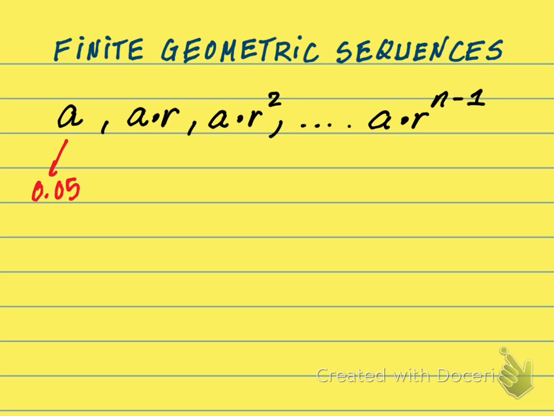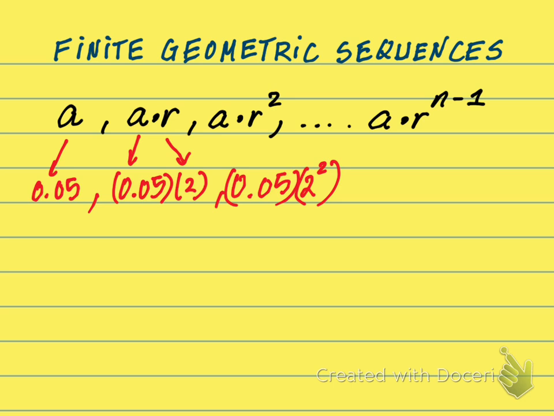For an example, if a sequence starts with 0.05 and the next term equals 0.05 times 2, which means maybe the common ratio is 2 and the initial term is 0.05. And if the third term is 0.05 times 2 squared, that's the third term of a finite geometric sequence, and the last term of the sequence is supposedly 0.05 times 2 raised to n minus 1.